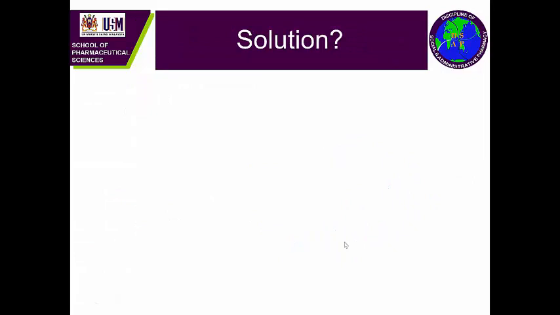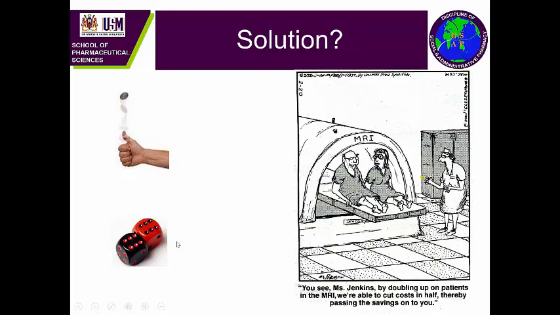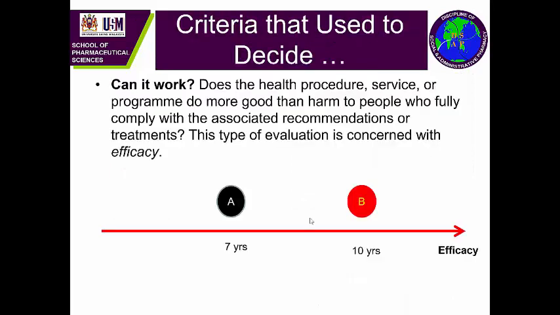So the problem of choosing is a dilemma. Some actually want to just leave it to chance, toss a coin or throw a dice, or some make a very simple solution. Perhaps, for example, in this caricature here, where they are asking patients to just share the resources. But this is perhaps not very possible, especially since we want privacy in healthcare.